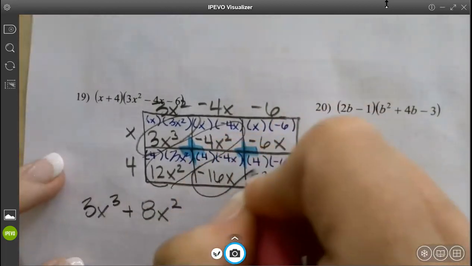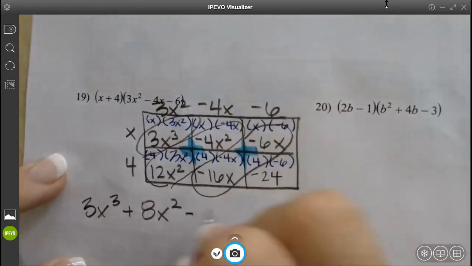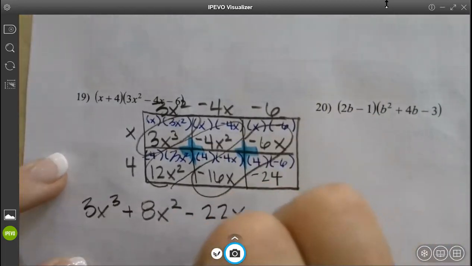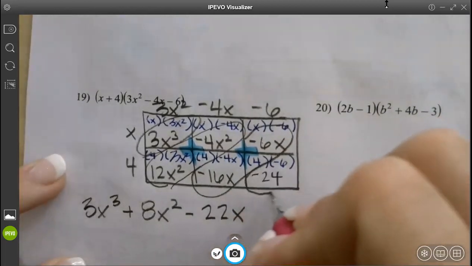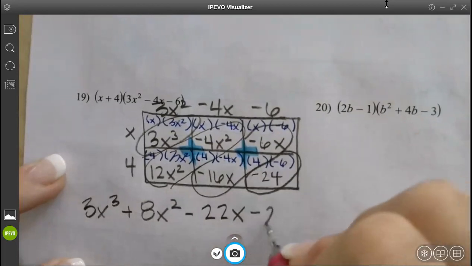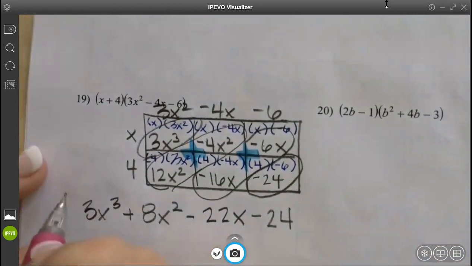The next diagonal, they both have x's. Negative 16 minus 6 is negative 22x, since they were alike. And then the very last diagonal is a negative 24. Any questions? So again, same thing, just a little bit longer.